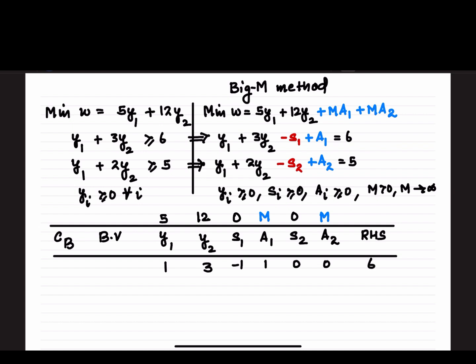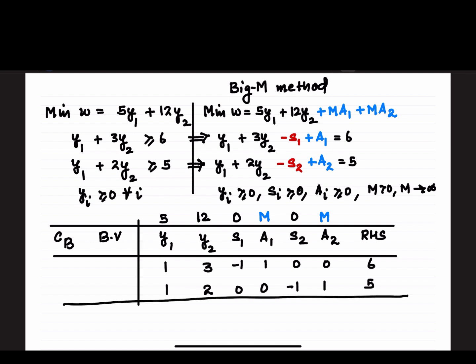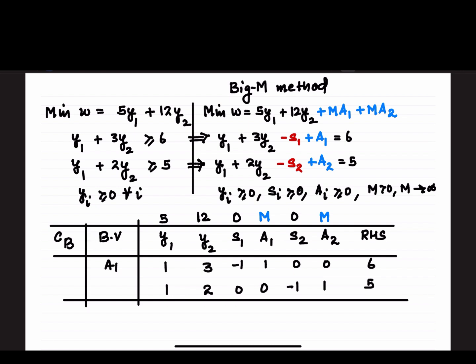RHS is 6. y1 का 1, 2, 0, 0, -1, 1, 5. So the basic variables are a1 and a2. So a1 is the first, a2 is the second, M.